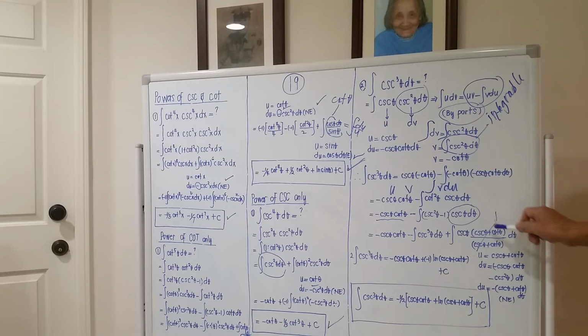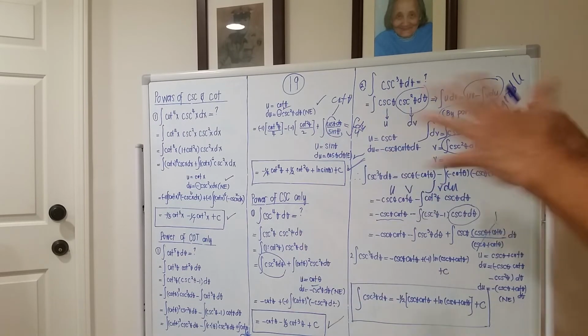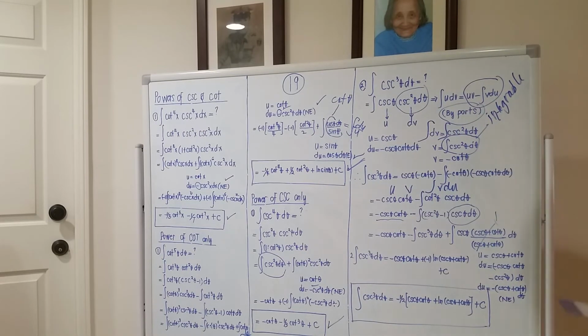After introducing this one, it's now integrable. The denominator will be cosecant theta plus cotangent theta. It seems, after multiplying this by this factor here, it falls under the natural logarithm.